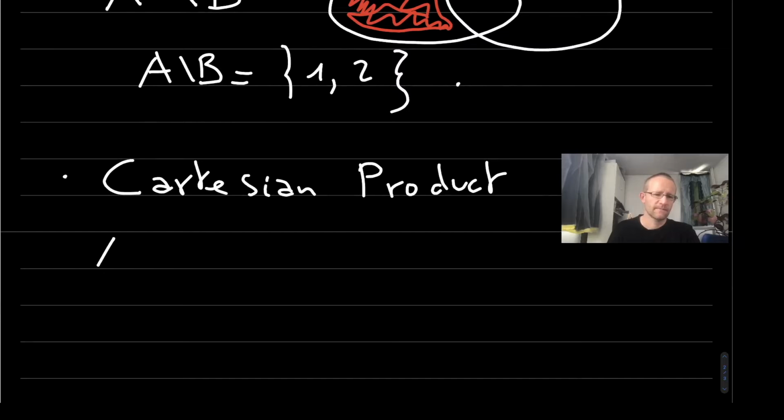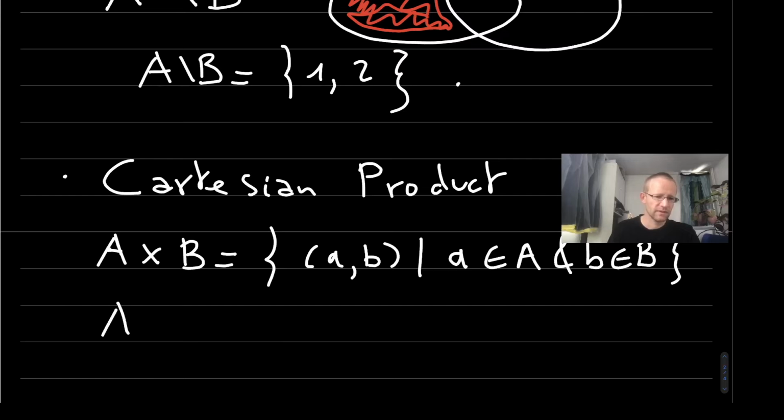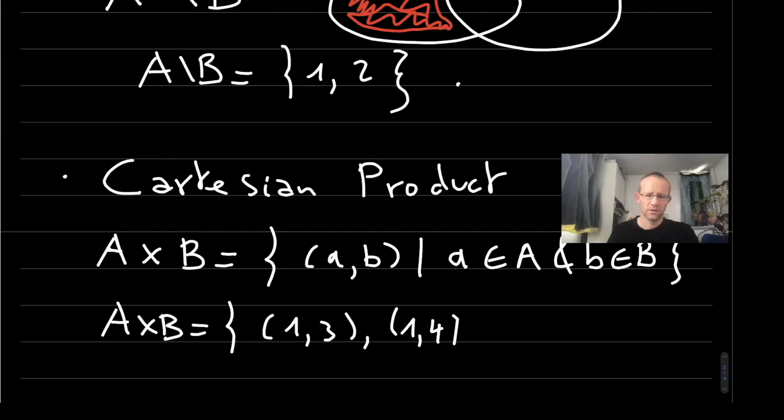A times B is the set of all ordered pairs (a, b), such that a is an element of A and b is an element of B. For example, in our example, we're going to have 9 elements in A times B. And it starts out with (1, 3), (1, 4), (1, 5), (2, 3), etc.